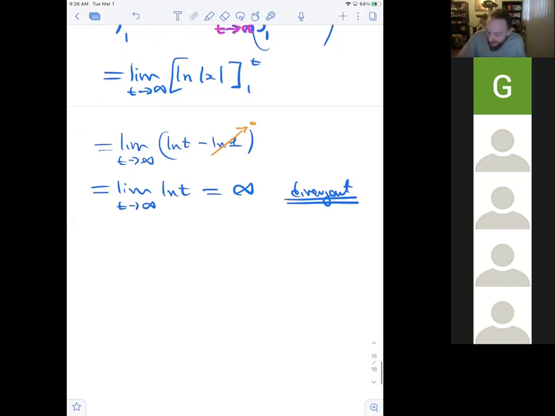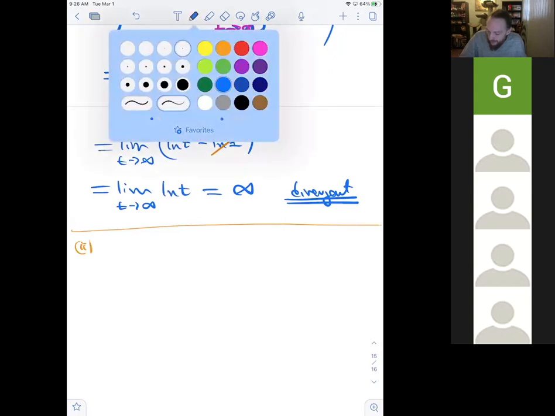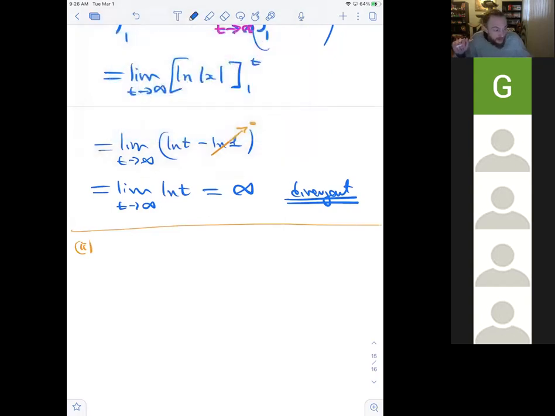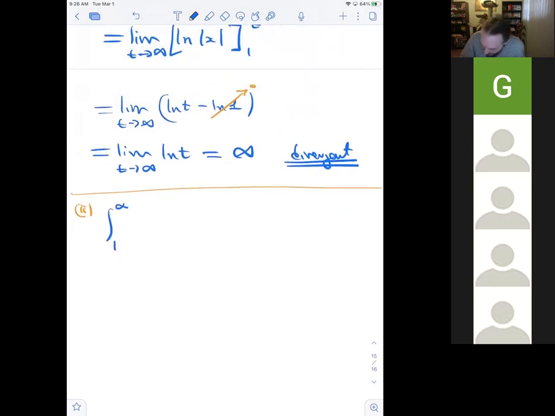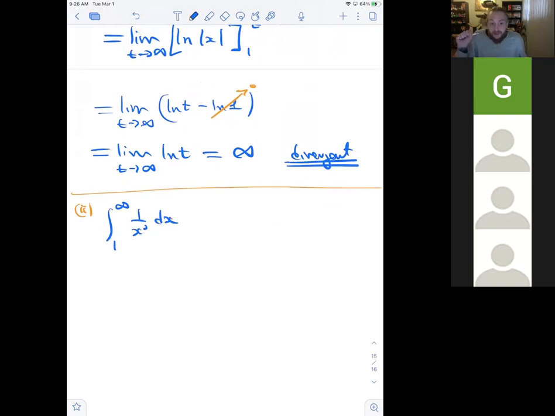For the second one, if we do the integral from 1 to infinity of 1 over x squared dx, then this is equal to the limit as t approaches infinity of the integral from 1 to t of 1 over x squared dx.